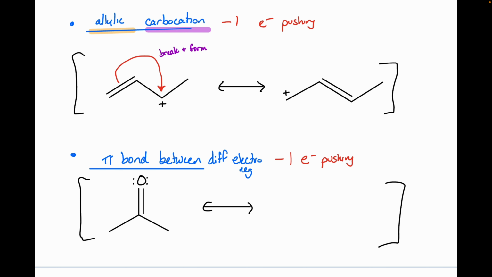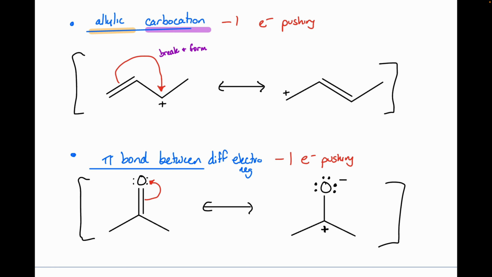And then lastly, with our pi bond between atoms of differing electronegativity, that more electronegative element pulls that electron density onto itself. That leaves us with a negative charge on our oxygen and a carbocation down below.